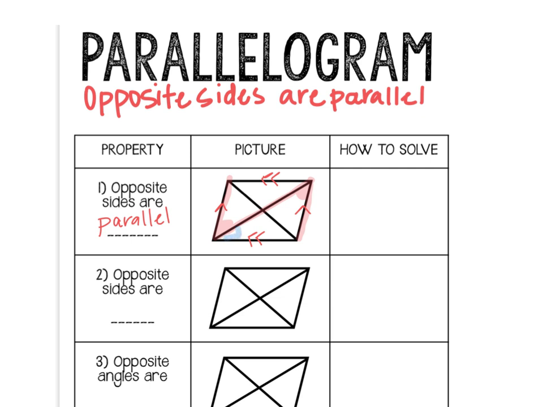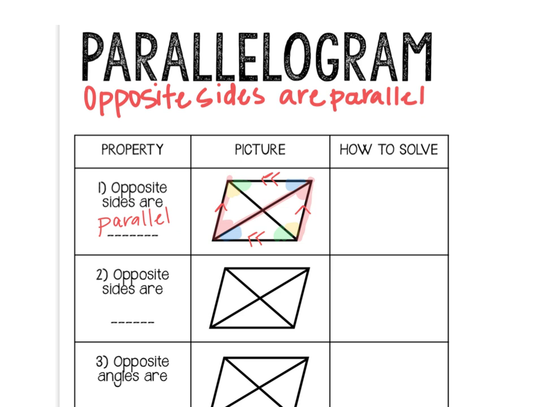Same with these angles right here. The blue ones will be congruent to each other. And then I can do the same thing with the other sets of parallel sides. So this angle is going to be congruent to this angle. And then these last angles will be congruent to each other as well.